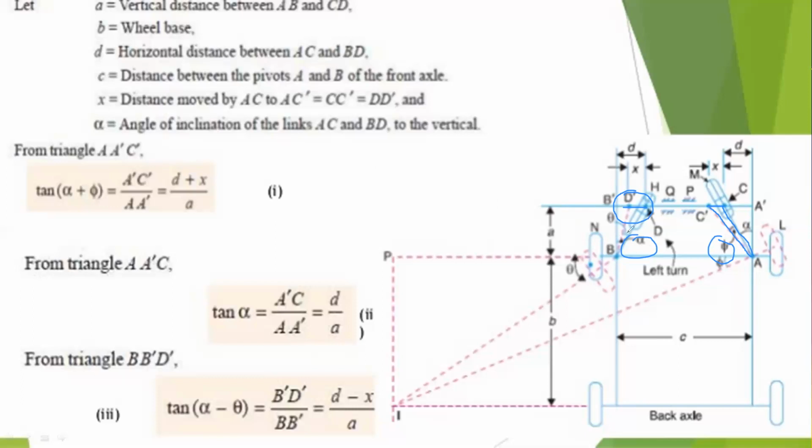So in these terms, based upon these angles, I can write tan alpha plus phi. Tan alpha plus phi is in the form of tan A plus B. So what is the formula of tan A plus B?